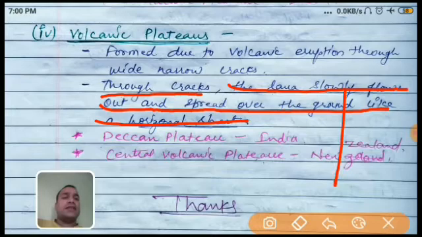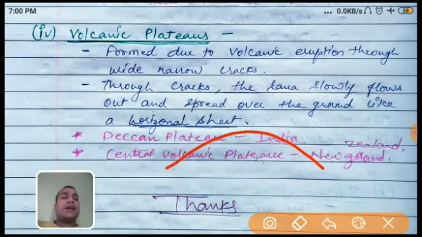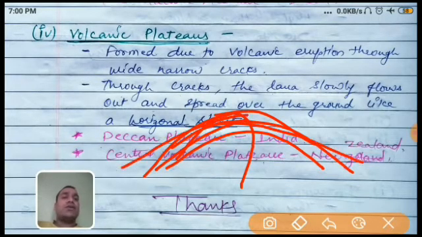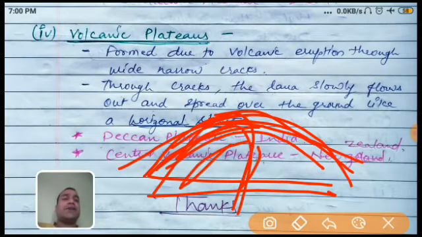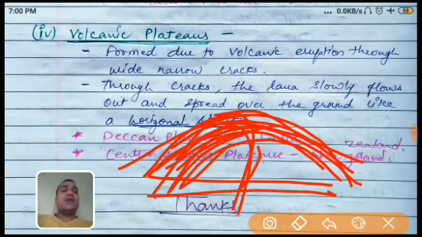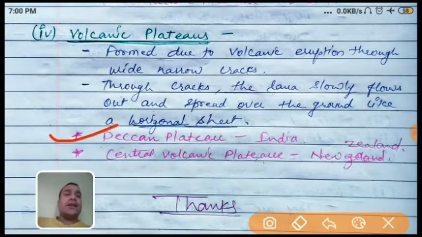When the lava is coming, it spreads horizontally on the surface of the earth. Then when it cools down, it becomes a volcanic plateau. There are two examples: the Deccan Plateau in India and the Central Volcanic Plateau in New Zealand.